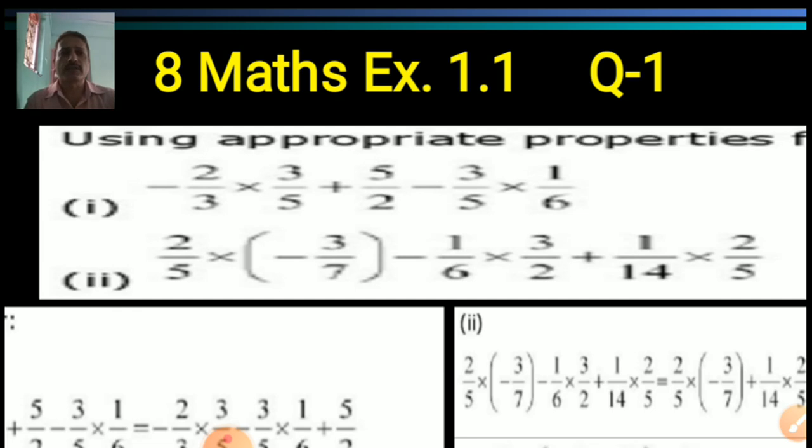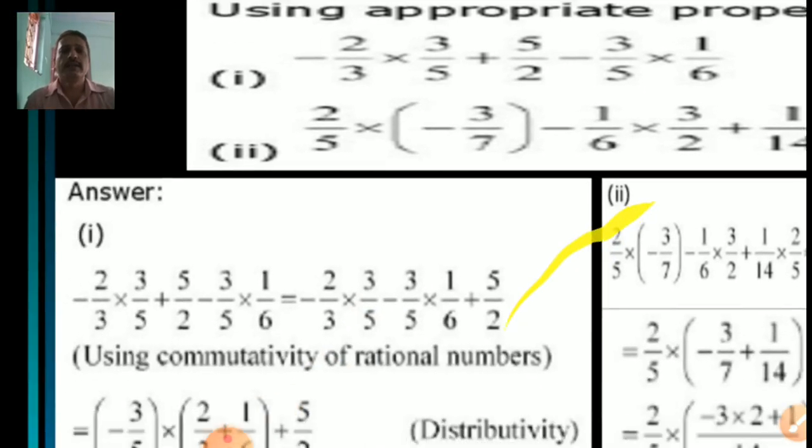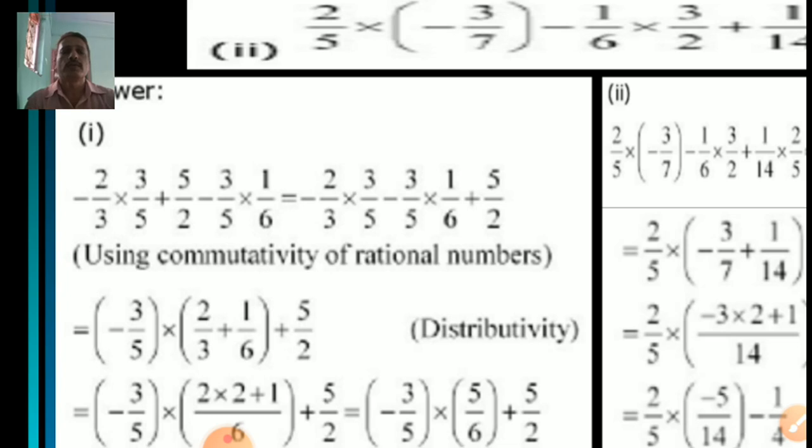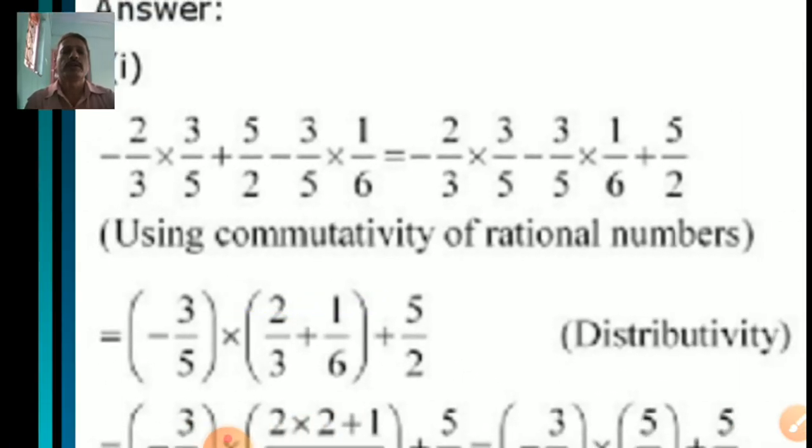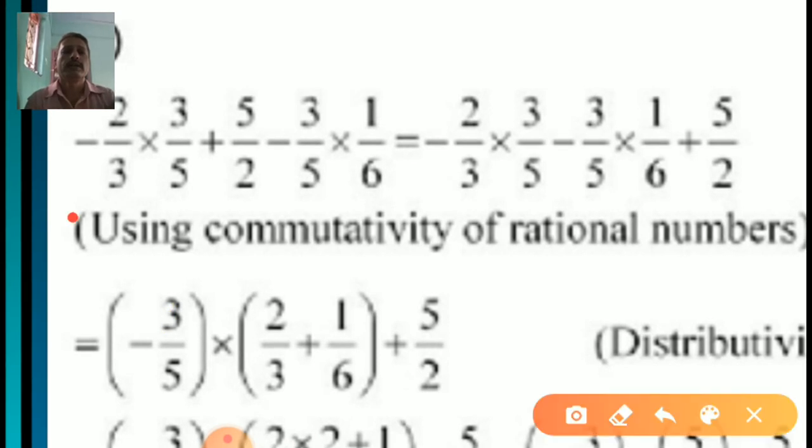Let's check the first answer. It's very easy. Just check out the question. This is our question.